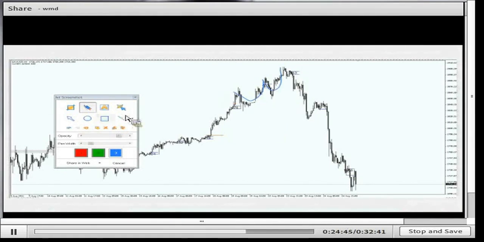Okay, so the matter then becomes, what happens if you've got a trend line, and you've got a pattern, and you've got some kind of support resistance level play going on, or what have you? What happens in that instance? What do you do?